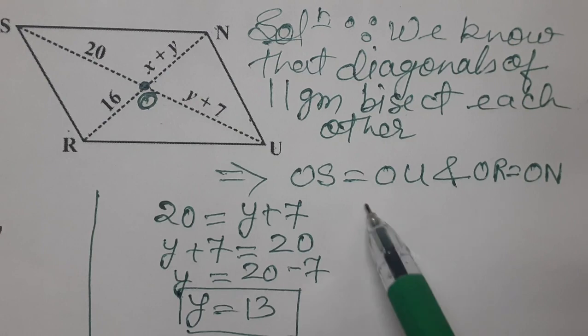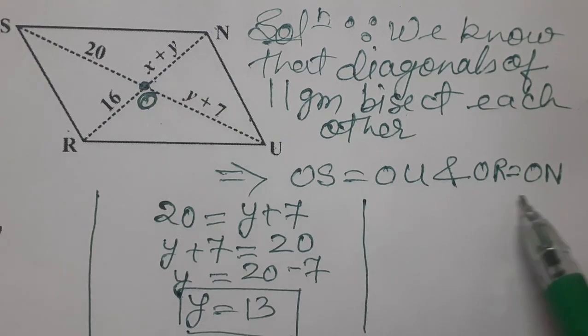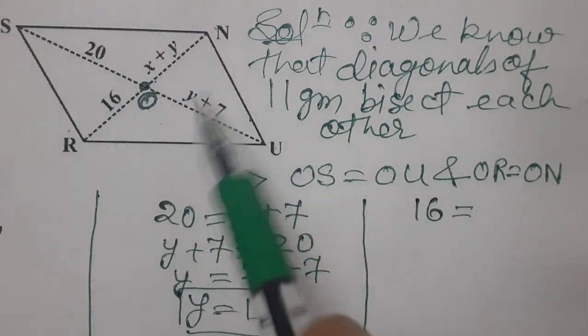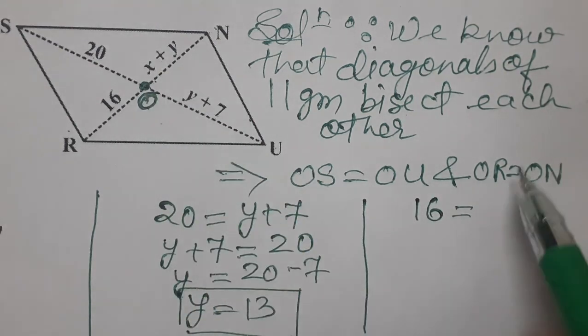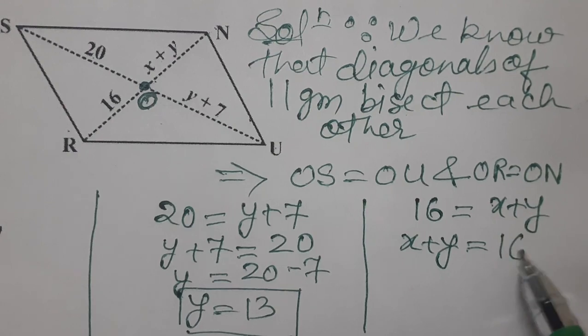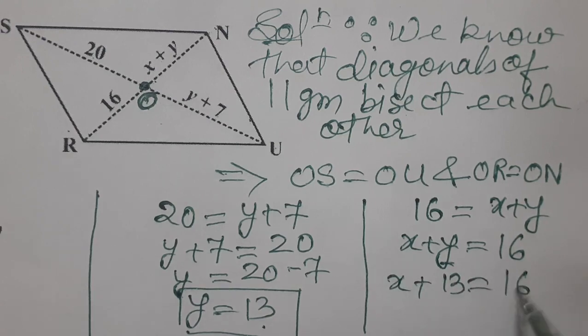We got y. Now children, OR equals ON. What is OR? OR is 16. What is ON? x plus y. We can write this as x plus y equals 16. We already got the value of y, 13. So put the value y 13. So x equals 16 minus 13.